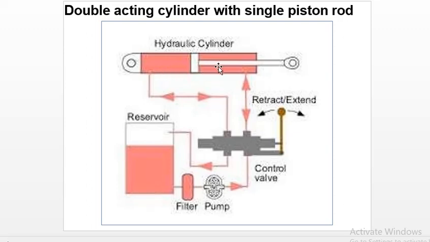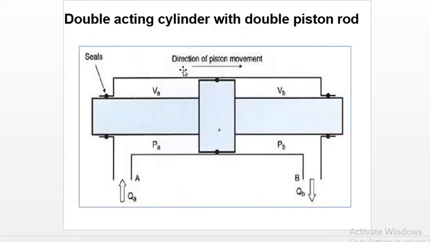So this arrow will be entering the cylinder, and it will move towards the left side, and whatever oil is inside the left side of the annular area of the cylinder moves from the cylinder through the direction control valve towards the reservoir. So the pull function or the push function can be performed, whatever the application is concerned. So this is called a double acting cylinder.